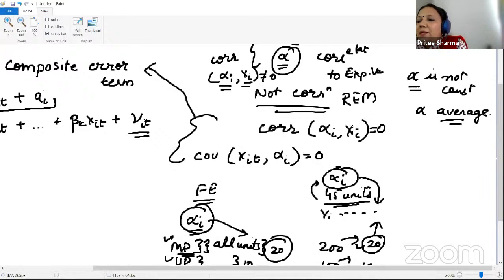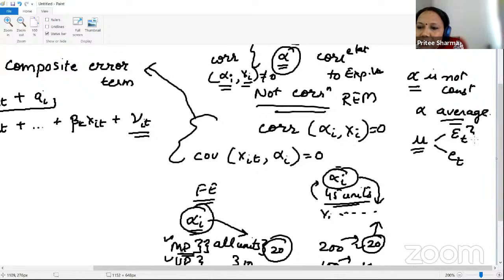Now here, since the sample is random, first we will take an average of the alpha. Now what is going to happen in your error term? In your error term, there will be two components. One is, I'm representing it here as epsilon and say maybe e t.